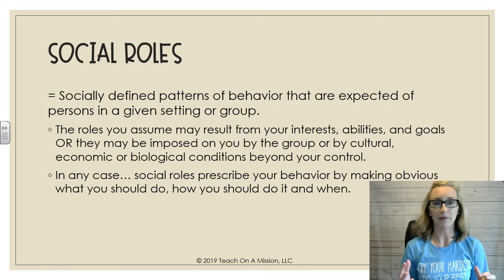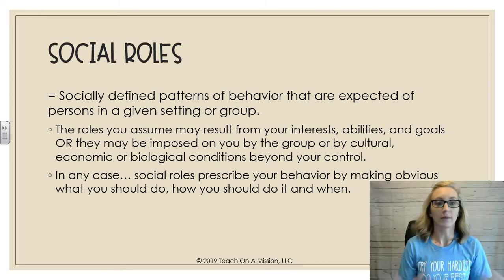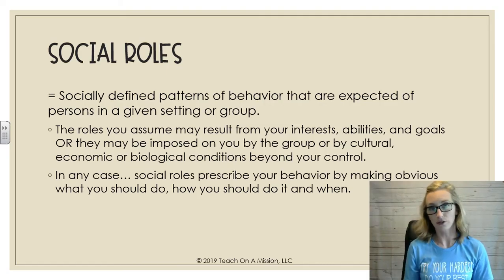So social roles being the socially defined patterns, all about how we interact with other people, those patterns of behavior that are expected of people in a given setting or group. So social roles are expectations of behavior. The roles you assume may actually result from your interests, your abilities, and goals, or they may be imposed on you by the group or by culture, economic or biological conditions that are beyond your control.